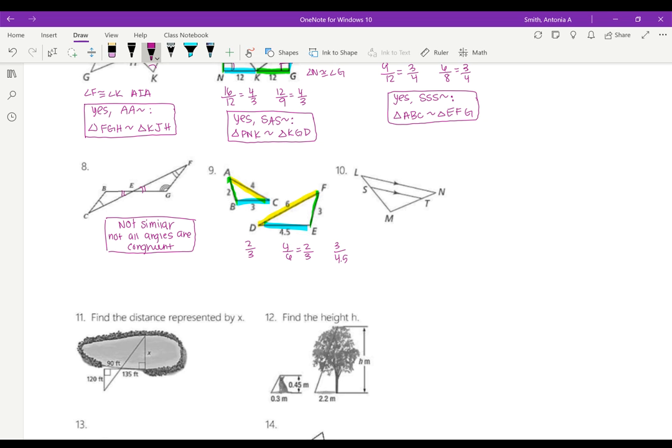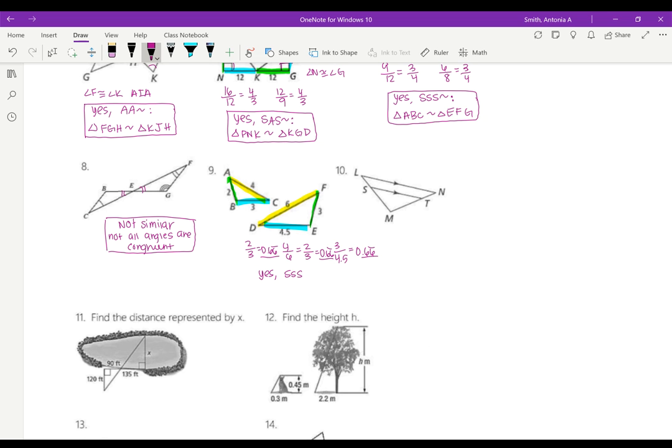Okay, I want to see, is this really the same as 2/3? And if I get all of these as a decimal, I'm getting 0.6 repeating. So yeah, these are all the same. 0.66, 0.66, 0.66. So are these similar? Yes.